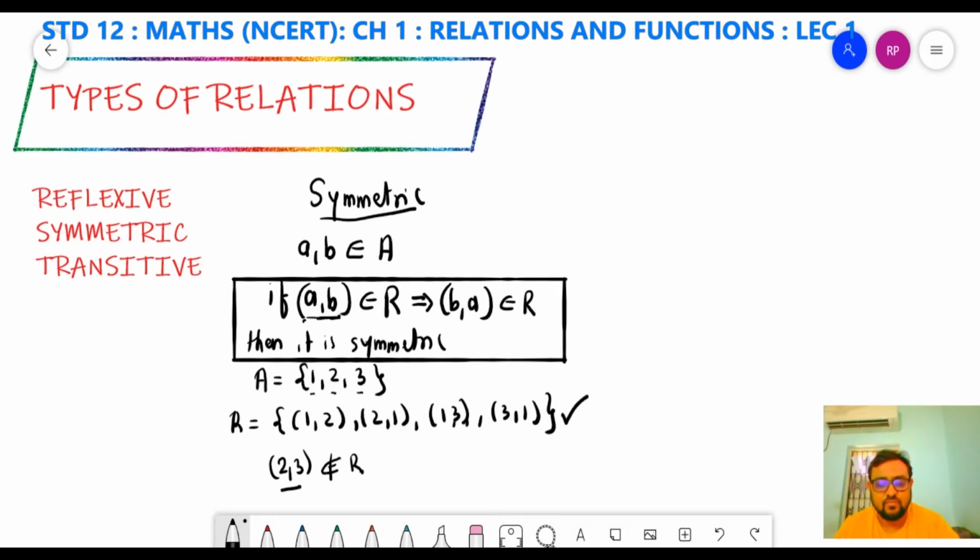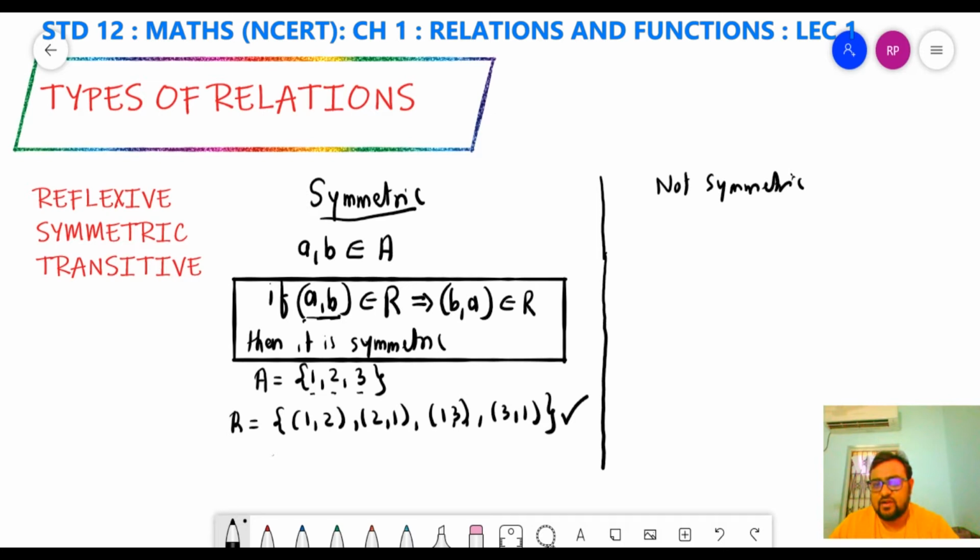Okay, so now if you want to prove that a relation is not symmetric, you can do two things. When the question is asked whether they are symmetric or not, then either prove it is symmetric or not symmetric.